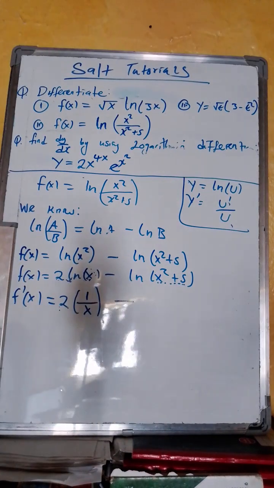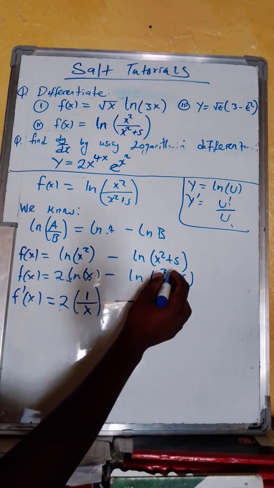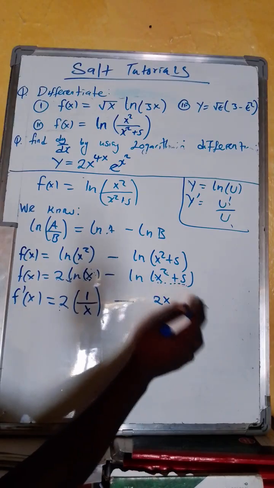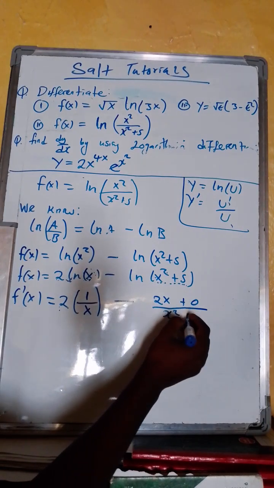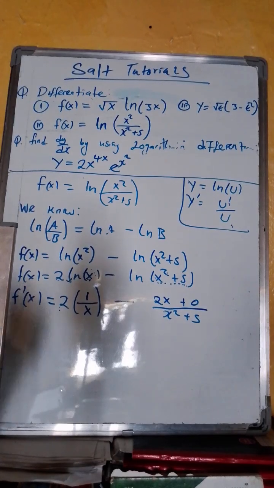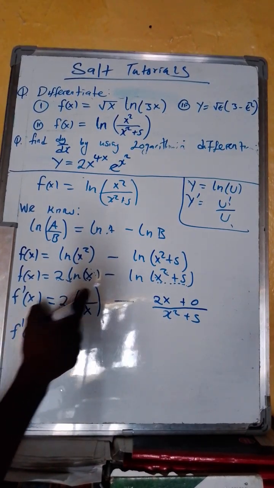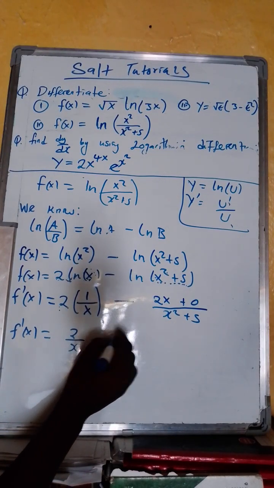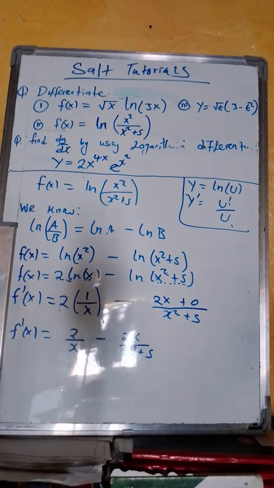Differentiate the inside part. The 2 drops down to be 2x, 2 minus 1 to the power 1. Derivative of a constant is always what? 0, over x squared plus 5. Simplify. F prime of x will now be equal to 2 over x minus 2x over x squared plus 5.